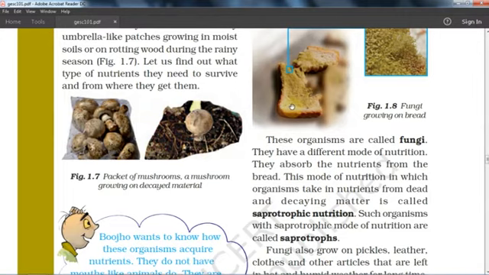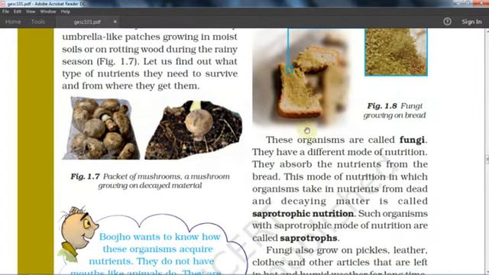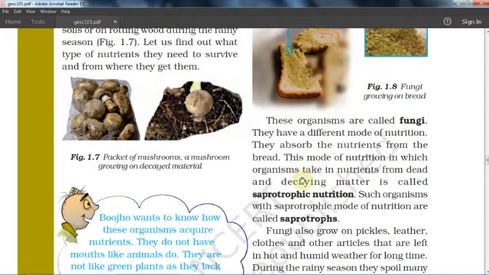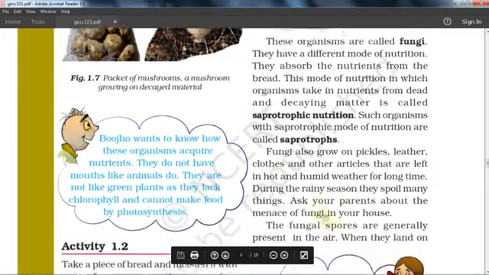The bread which got this fungi is also getting rotten. So that dead or decaying matter is providing them the essential nutrients to grow. This is saprotrophic nutrition. Such organisms are called what? Saprotrophs.